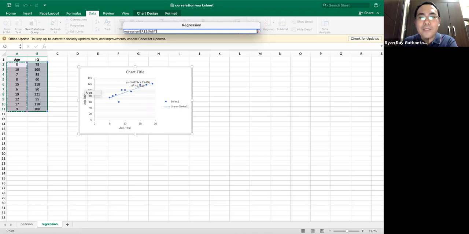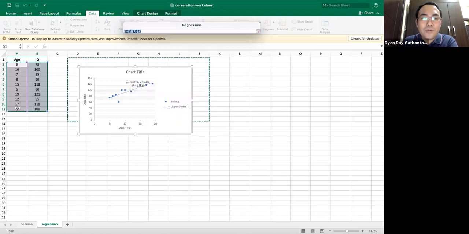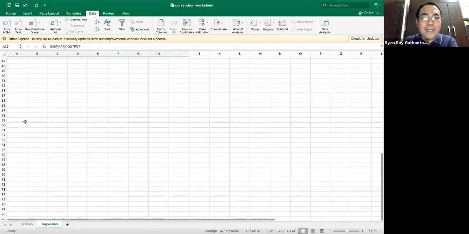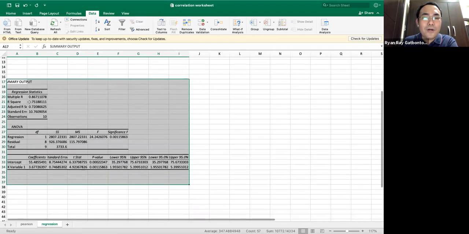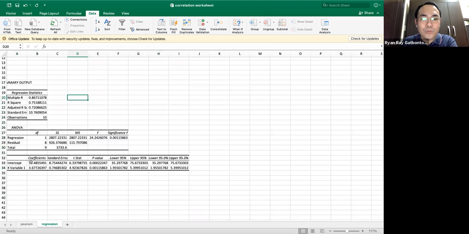After selecting the X and Y inputs, we leave the rest as it is, select our output range, and click OK. Automatically, the Microsoft Excel Data Analysis ToolPak will generate this output.